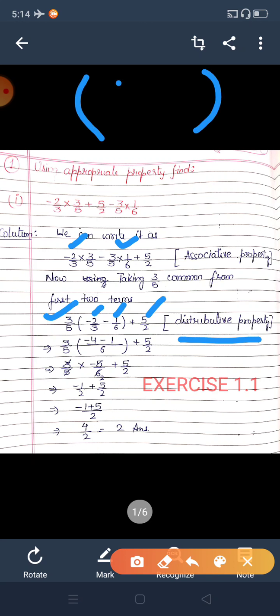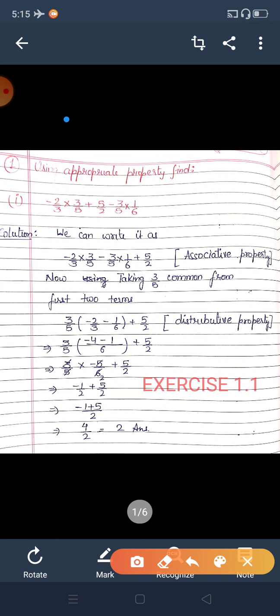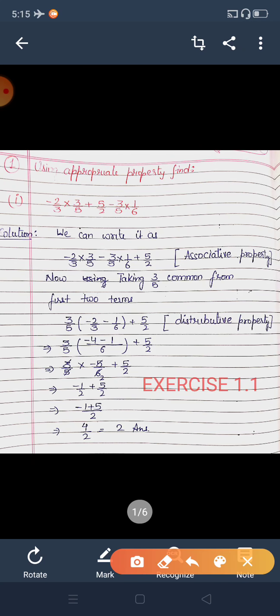If you are given a bracket, for example a plus b, and one number is given outside the bracket, we can multiply the outer number with all the terms given in the bracket. So here we have done the opposite of this. You are given AC plus BC. So we have taken C common and we are left with A plus B. The same thing we have done here using the distributive property. You have to write which property you are using. So here we are using distributive property.